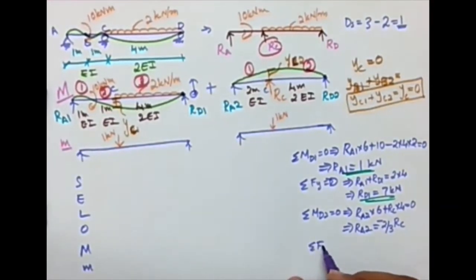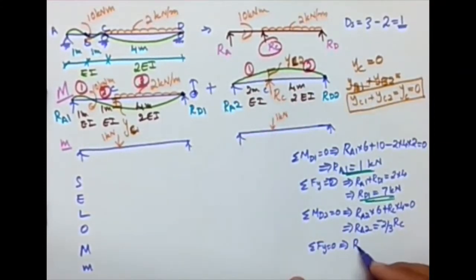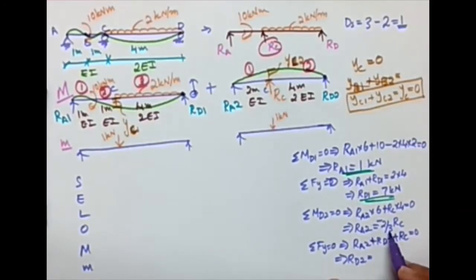Now sigma Fy equal to 0. Taking the same sign convention, RA2 plus RD2 plus RC equal to 0, which implies RD2 equals, what is the value of RA2? RA2 is minus 2 by 3 RC. This is RC.